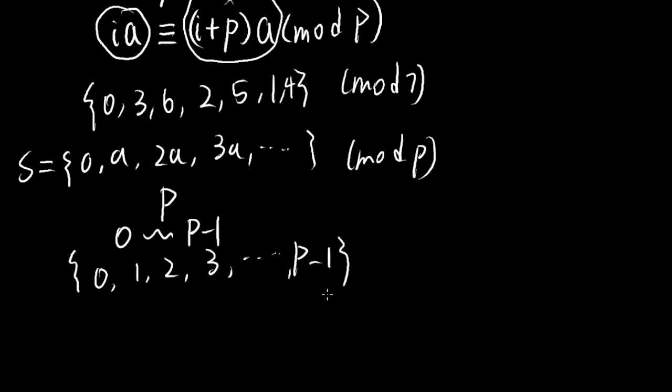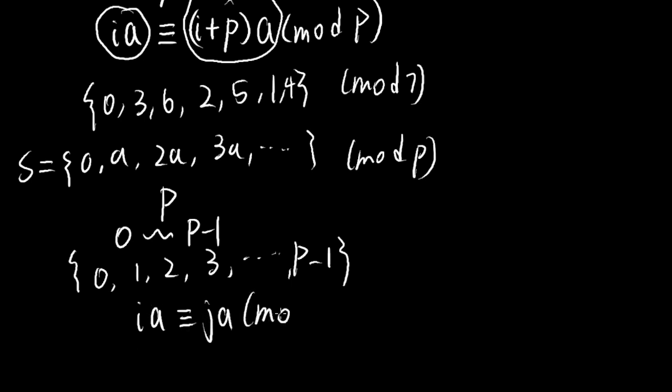How to prove this? Suppose in the first p elements there indeed occur two elements that are equal, say the i-th element and the j-th element, which are i times a and j times a.